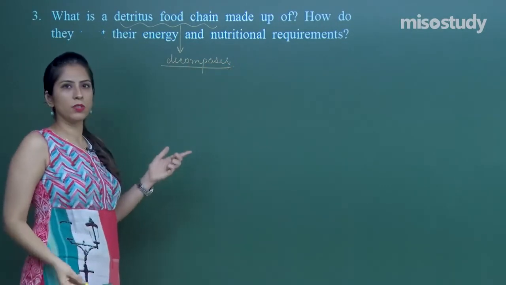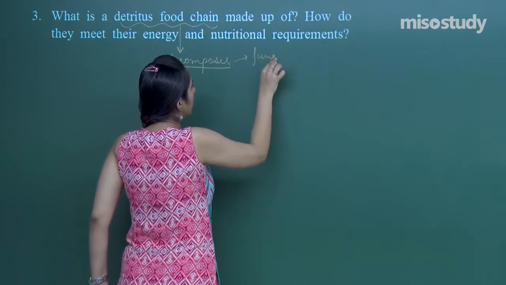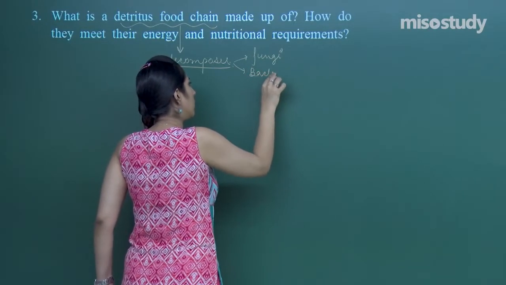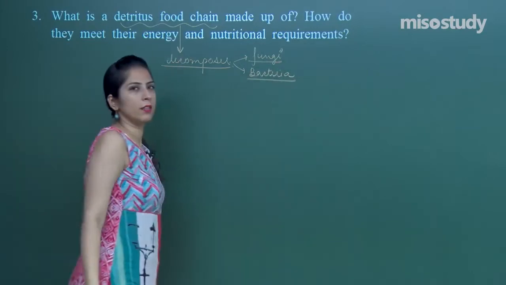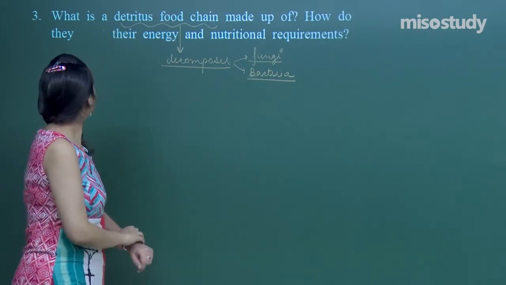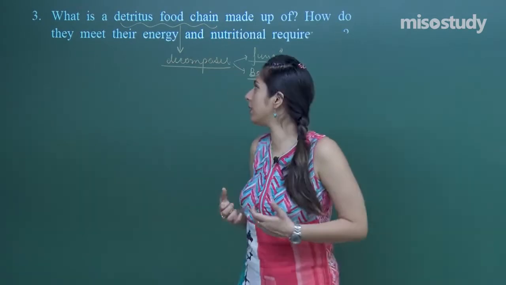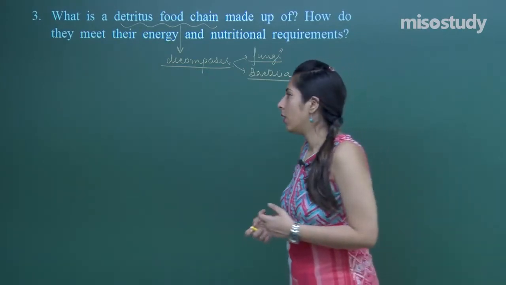What are decomposers? Decomposers can be fungi, they can be any bacteria as well. They are also called detritivores. Now, the second part says, how do they meet the requirement of energy and the nutritional requirement?